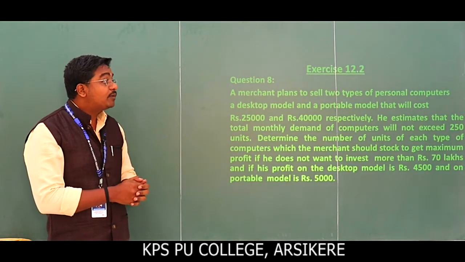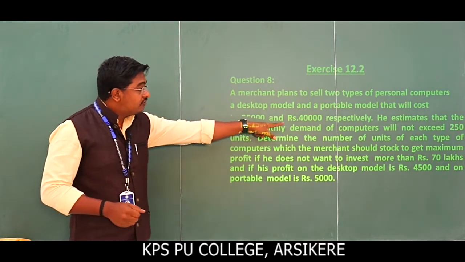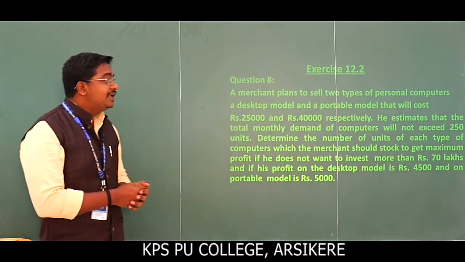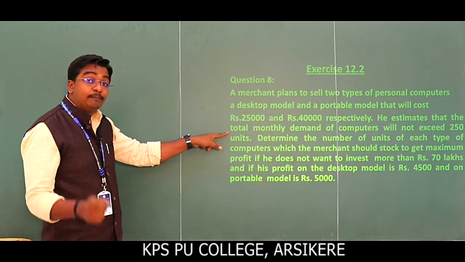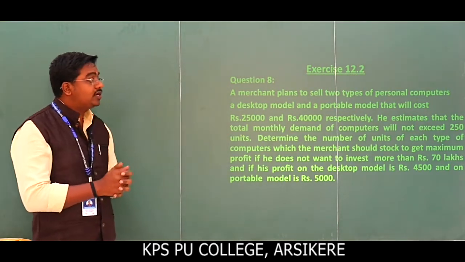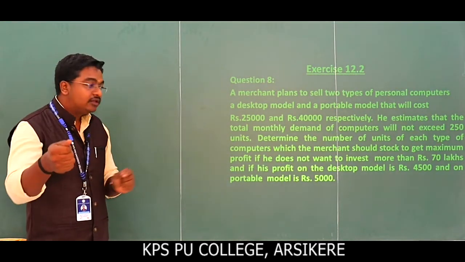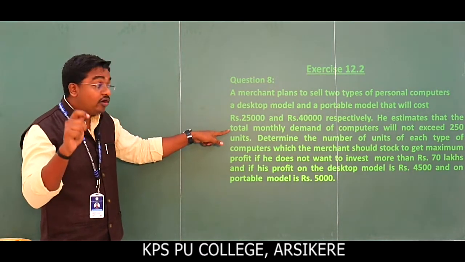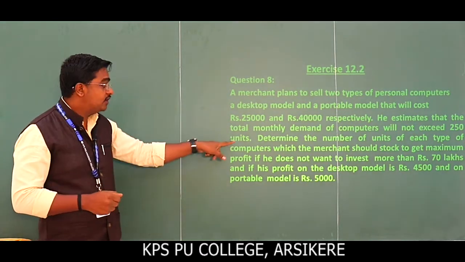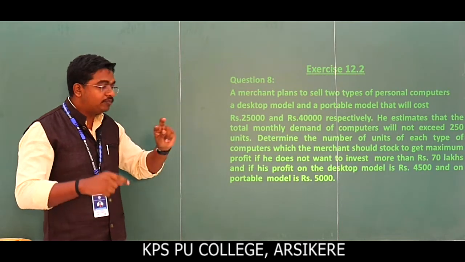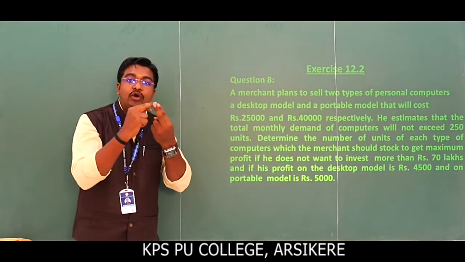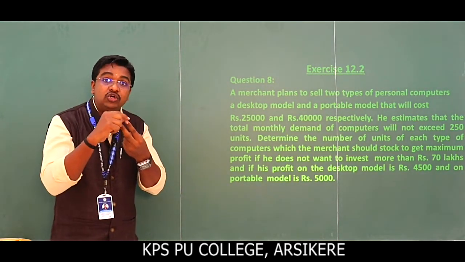Similarly, the portable model computer costs 40,000 rupees. He estimated that the total monthly demand of computers will not exceed 250 units. So the desktop model as well as the portable model together cannot exceed 250.